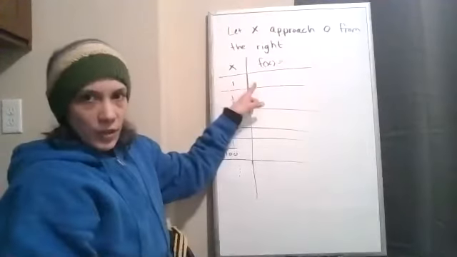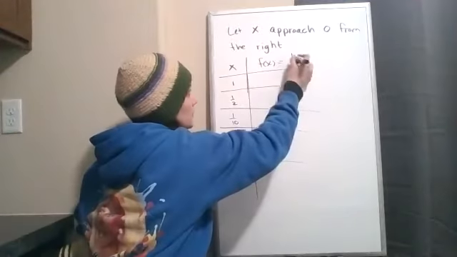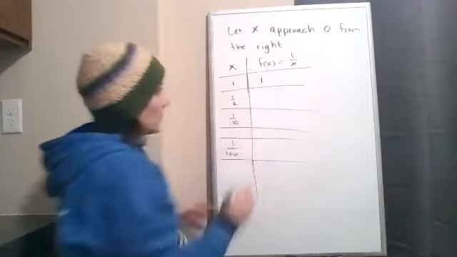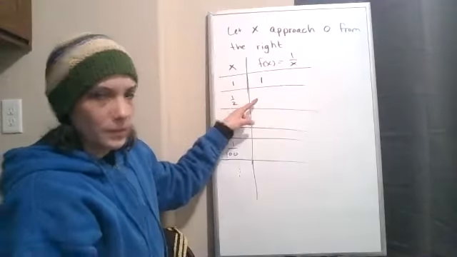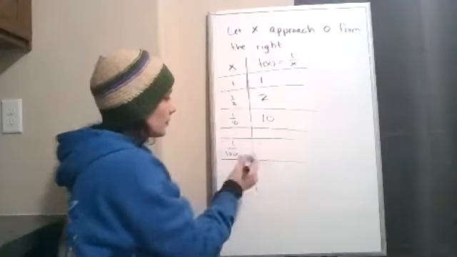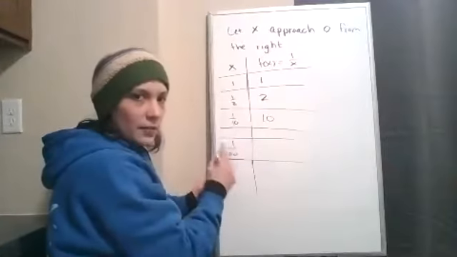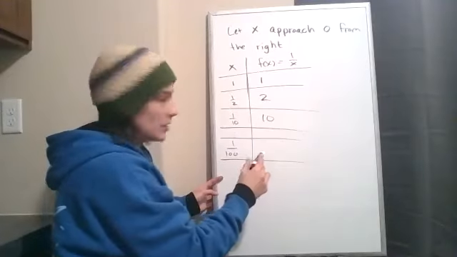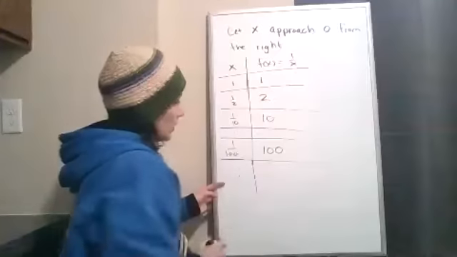Okay, so 1 over 1 is 1. 1 over 1/2 will give you 2. This output will be 10. 1 over 100, a very small positive number, is a very large positive output.